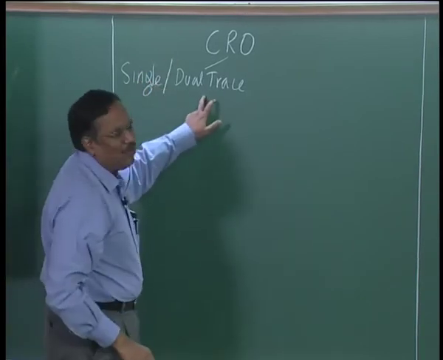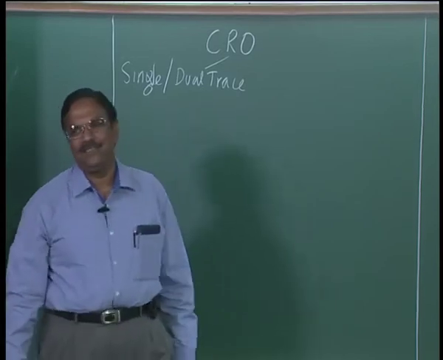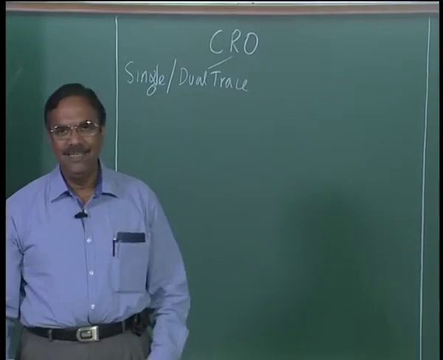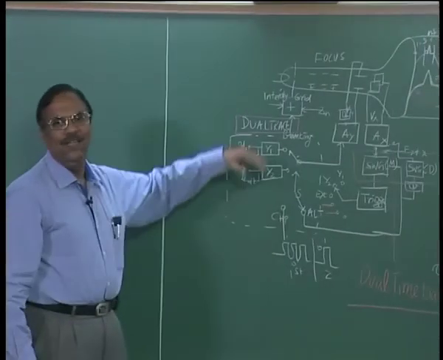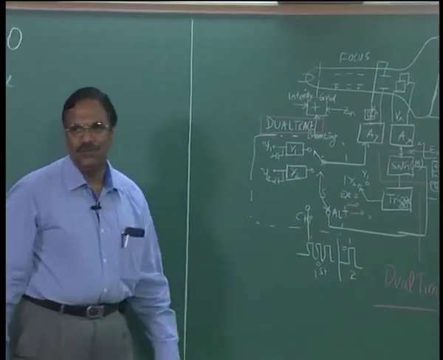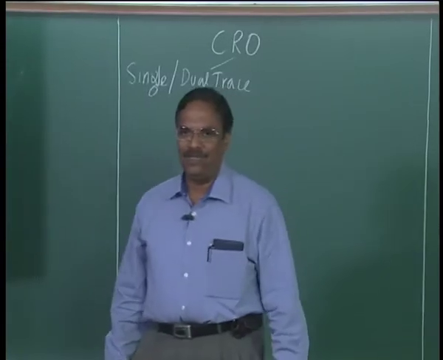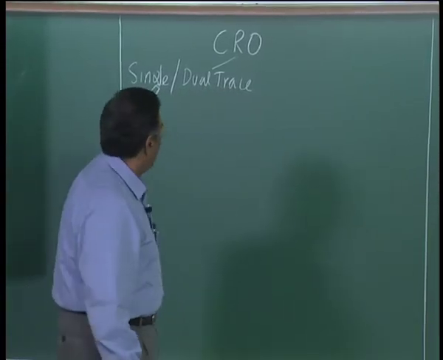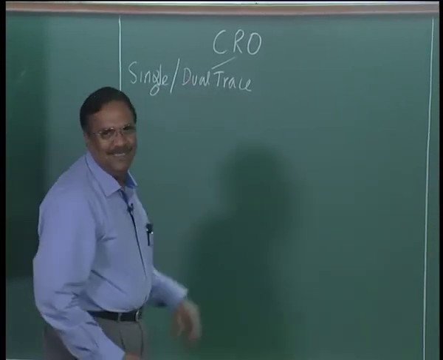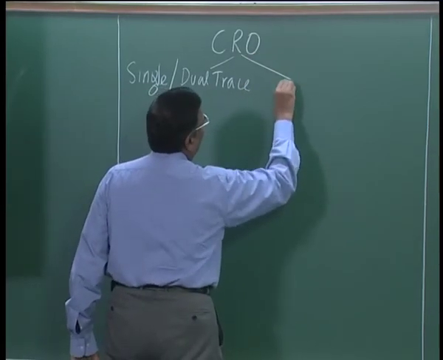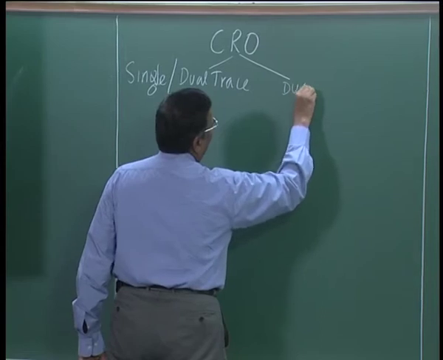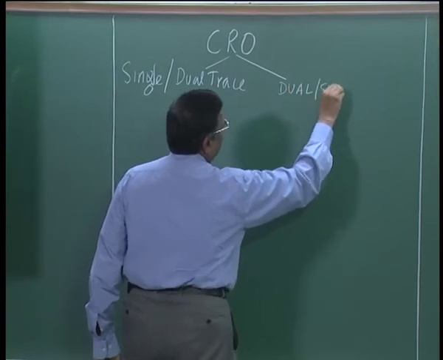When we call dual trace, I already told you some manufacturers even give you 4 channels, right. So instead of Y1 Y2 we have Y1 Y2 Y3 Y4, we can switch through Y1 Y2 Y3 Y4, but still it is called dual trace, right. 4 channel dual trace oscilloscope or dual trace single time base.